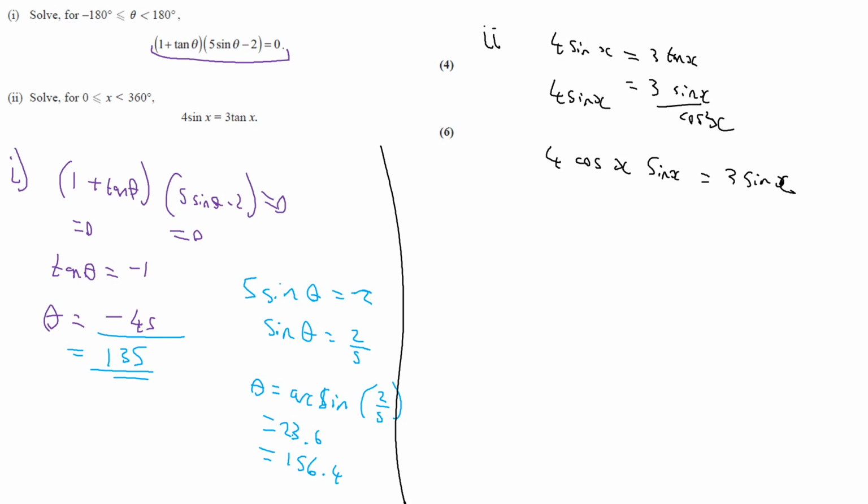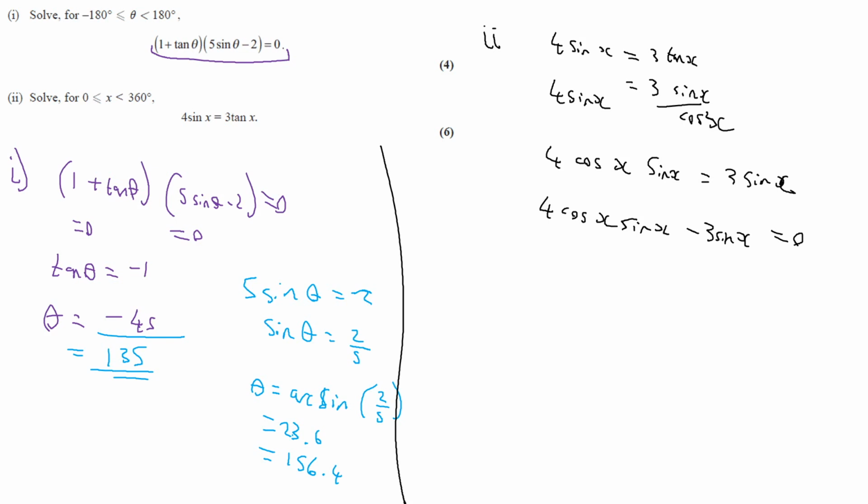Now, we're not out of the woods yet. What we need to do now is eliminate values, but we have to be careful because if we're not careful with eliminating our values, we can lose some, which is entirely a possibility. One way we can do this is we can put the sine x on the other side. So what we're left with is 4 cos x sine x minus 3 sine x, and that's all equal to 0, okay?